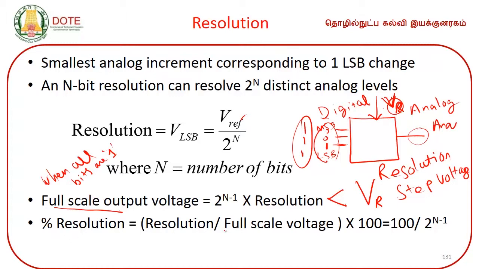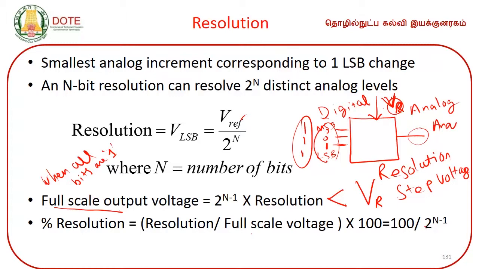Now, what is percentage resolution? Resolution divided by full scale voltage into 100 is the percentage resolution. It can also be written as 100 by 2 to the power n minus 1.